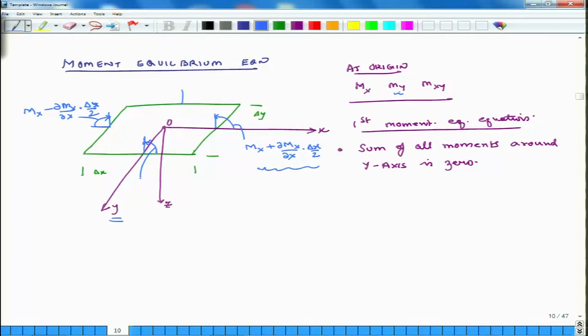This value is Myx plus del Myx over del y times delta y over 2, because at the origin we have Myx, and similarly on the other edge of the plate we have Myx minus del Myx over del y times delta y over 2.